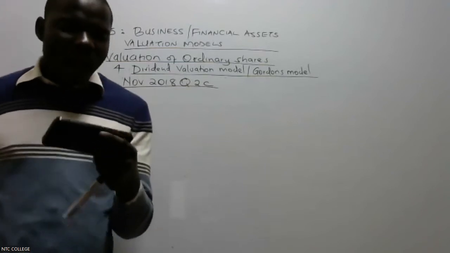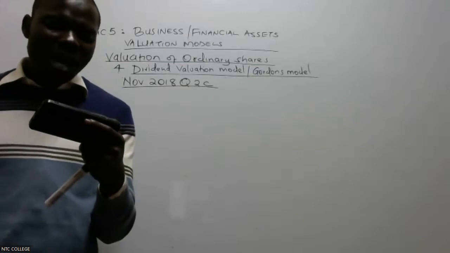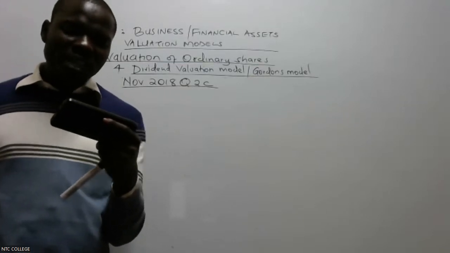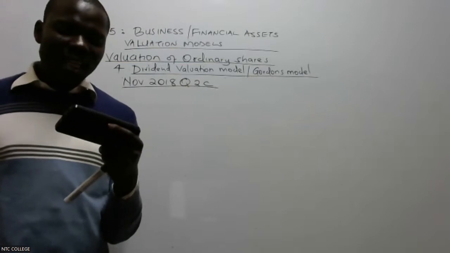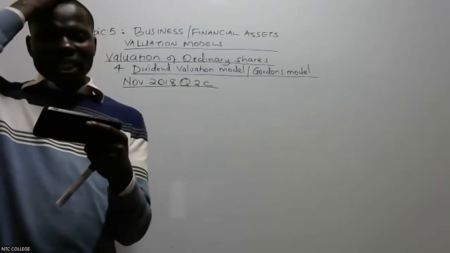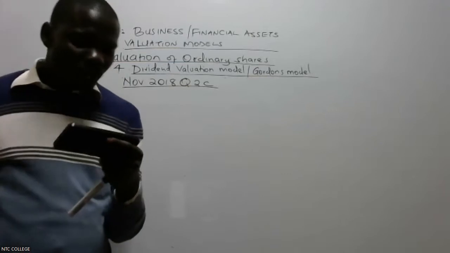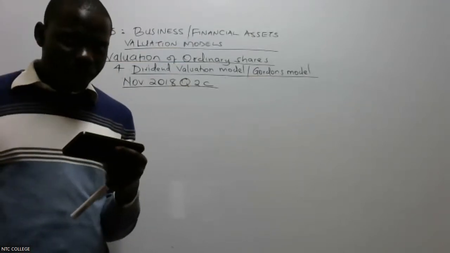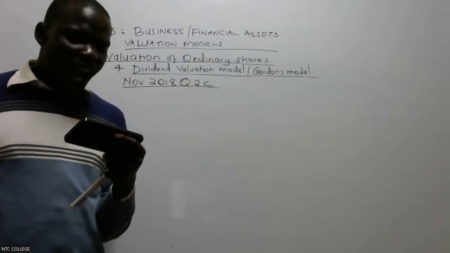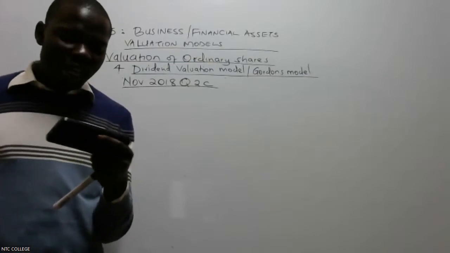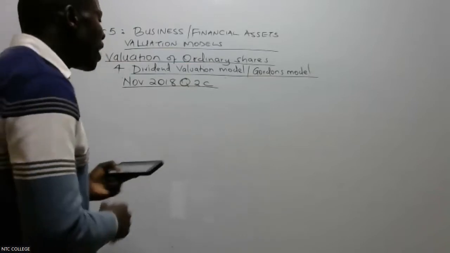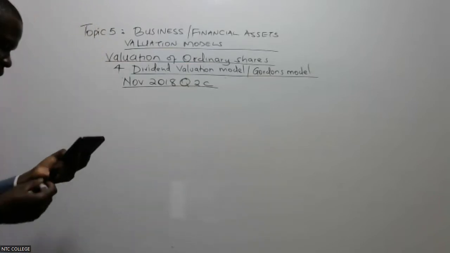A prospective investor is considering buying the shares of this company, which are currently selling at 55 each at the securities market. The investor's required rate of return is 20%. Required, advise the investor whether to buy the shares of Maraba Limited using Gordon's model.